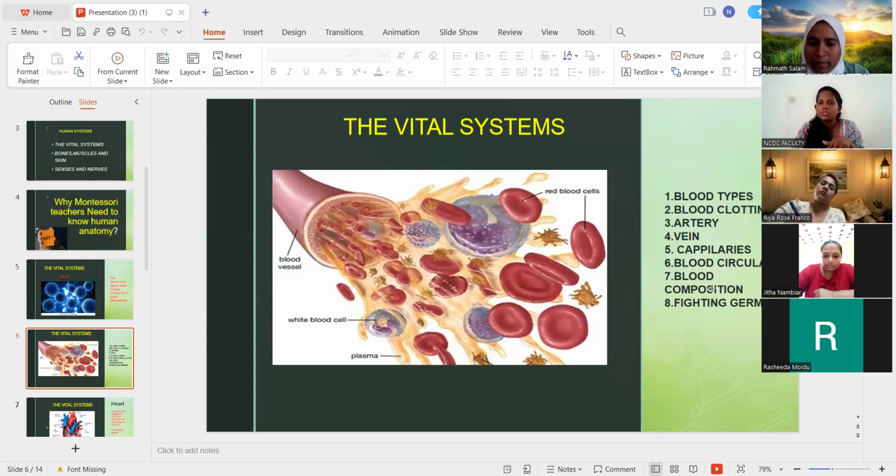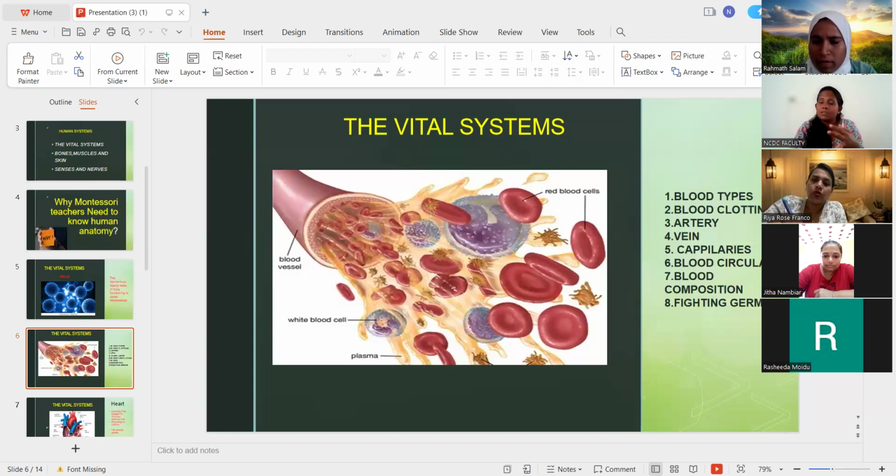And blood composition: now I said white blood cells, plasma, red blood cells. Nowadays platelets are fighting against dengue, so we should also know the platelet component is very, very important for that. Many other things are there also, like the ESR level, which is very important for kids. ESR level shows infection states.